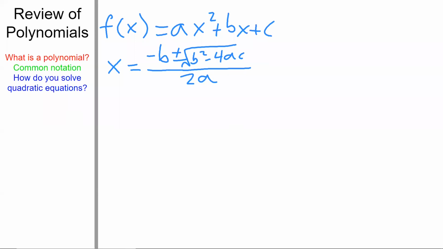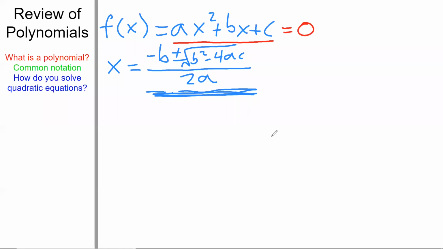So if you plug in your values of a, b, and c into this formula you see right here, it will give you the solutions of x. And these solutions are what you plug into ax squared plus bx plus c to give you an answer of 0.